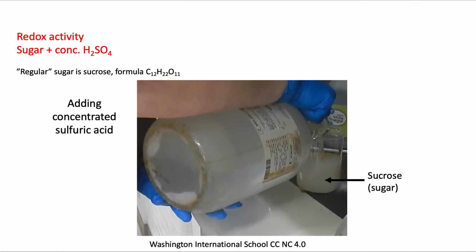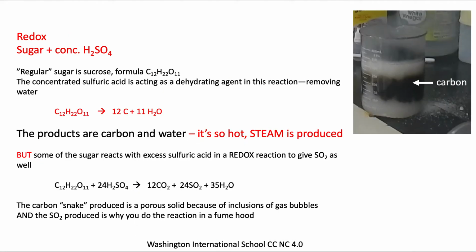And when doing the reaction, you've got regular sugar, table sugar, with a formula of C12H22O11, and you're adding concentrated sulfuric acid to it. And the first reaction shown is for a decomposition of the sucrose into carbon and water. It's so hot, it's actually steam.